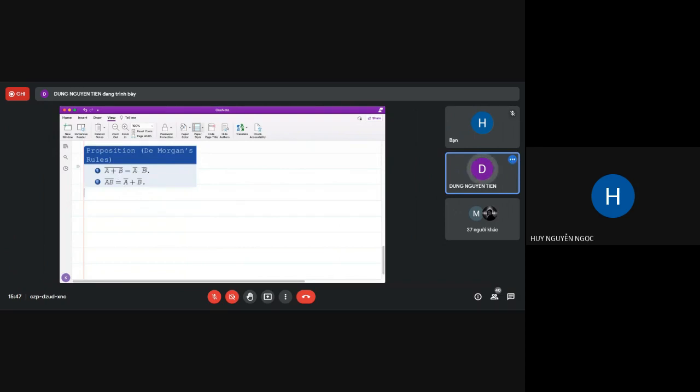It says that the complement of the sum is equal to the product of the two complements. And similarly, the complement of a product is equal to the sum of the two complements. So you can see that the complement can transform a sum into a product, and vice versa. It can transform a product into a sum.